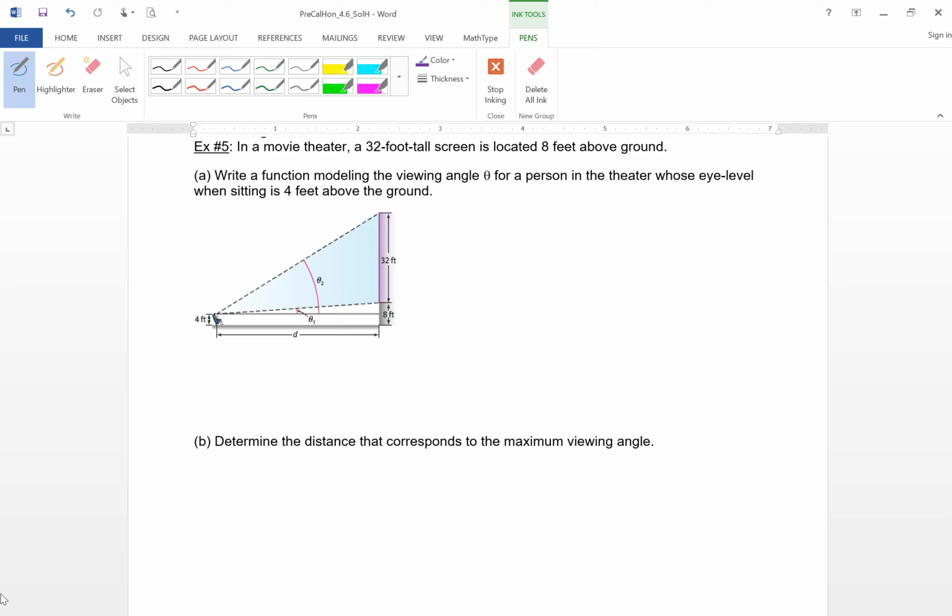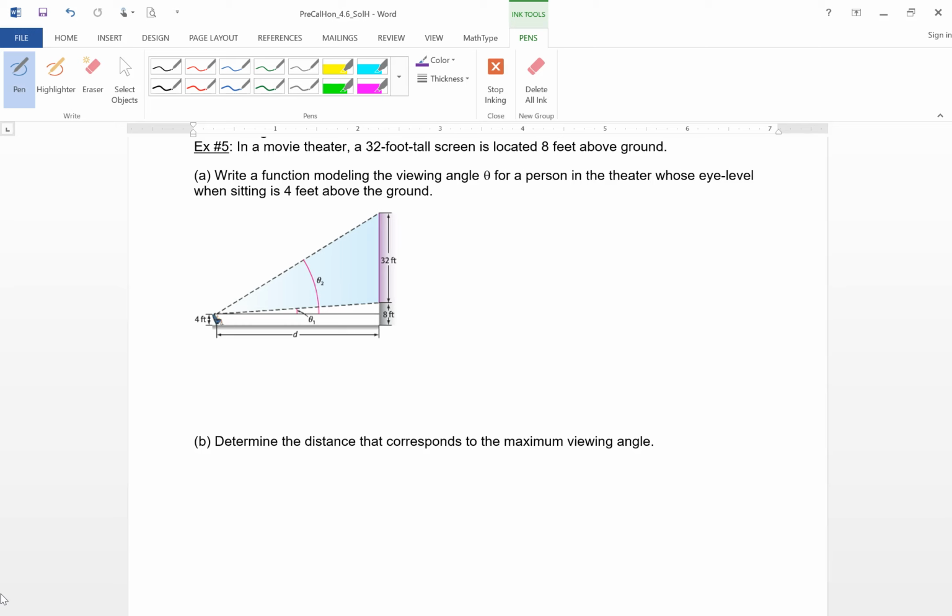Now, we're going to divide and conquer this. We're going to do it in parts. We have the distance d. We're going to use d for the distance. The screen itself is 32 feet and it's 8 feet above the ground. He's 4 feet above the ground. So what we're going to do is write an expression for theta 2, which is this entire thing. Then write an expression for theta 1, or do it in the reverse order.